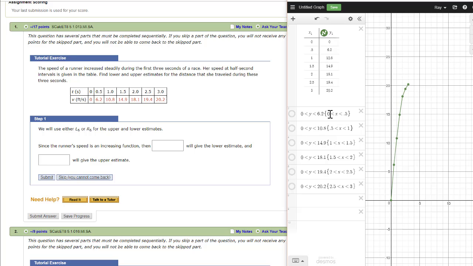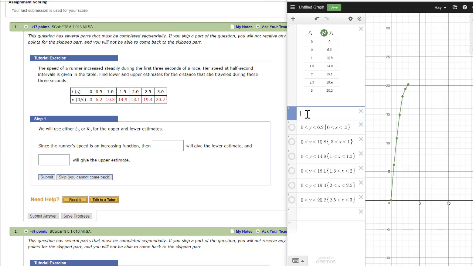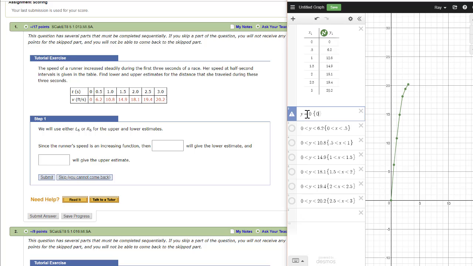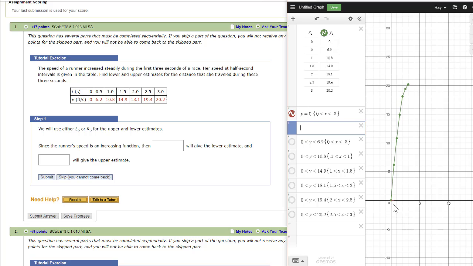So the left estimate would be, let's add another one here, y equals 0, for values between 0 and 0.5. So that's the first rectangle that we would have.